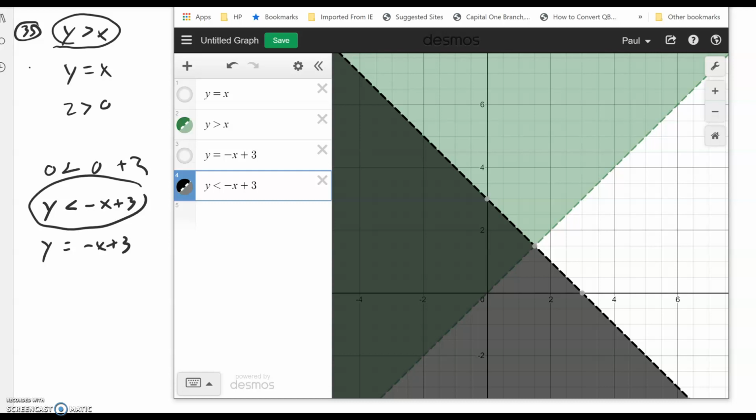These points down below in the dark gray, they only make the second inequality true. And these white points over here, they don't make either inequality true. But the solution to the system is these points on the left-hand side, that left-hand kind of triangle-looking thing. That's the solution, where they overlap.